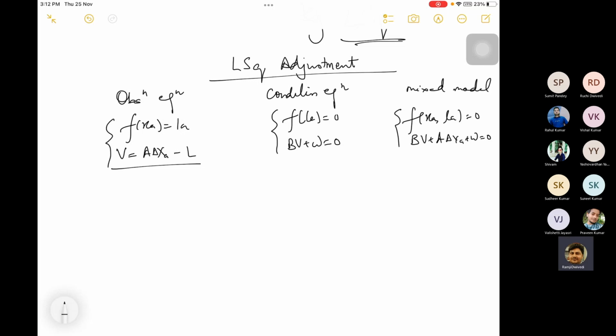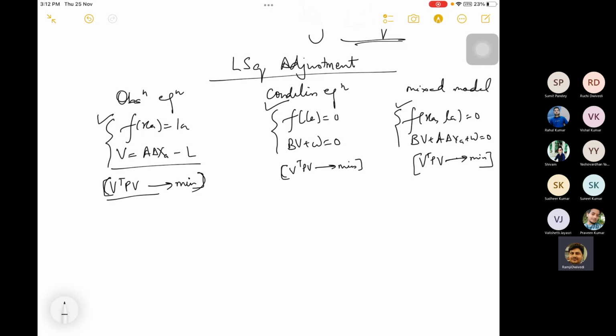And at the last, what we were computing is we are trying to minimize this VTPV by all means in all three domains, and that was our single objective. That is the basics of least square adjustment, that if your model is in any of the above three forms, we have to ultimately minimize this VTPV.